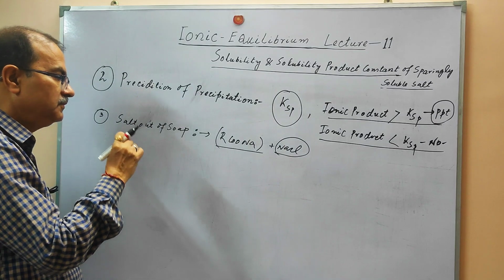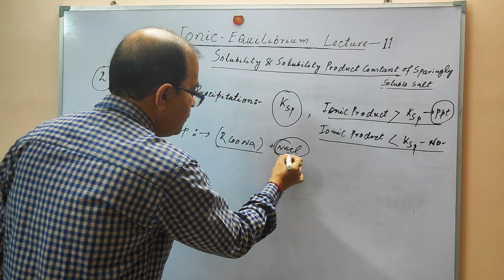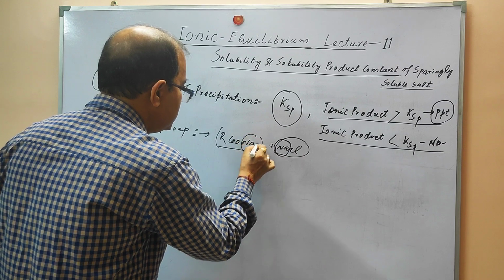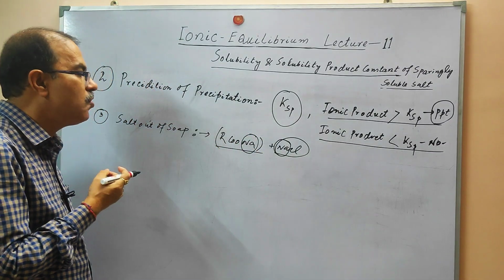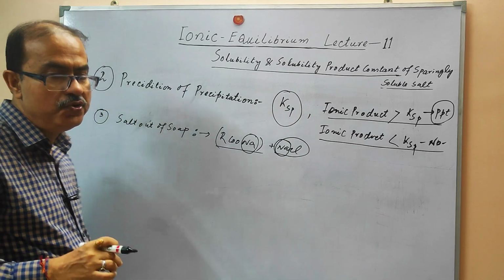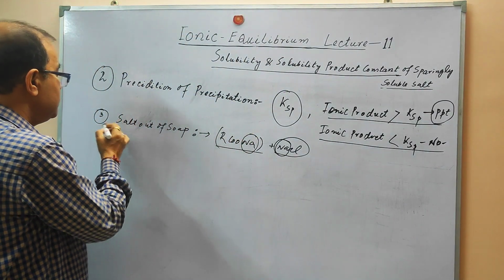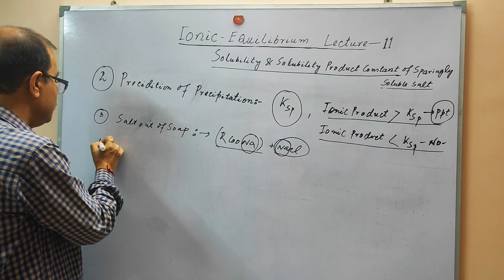Due to the common ion effect, there is a common ion Na+. The reaction will go in the reverse direction and the soap will crystallize out. So this is another thing, that is salting out of the soap.